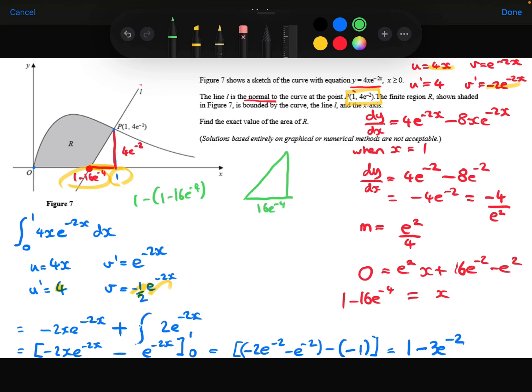And like we said before, we know the height of this triangle is 4e to the minus 2, so the area is half base times height. Which gives 32e to the power minus 6.